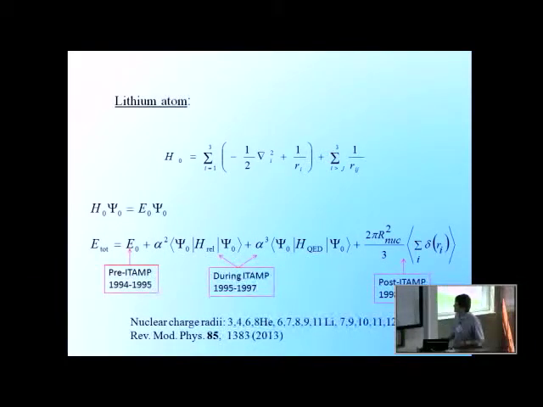Once you got this, you can include relativistic and QED corrections perturbatively. So it's extremely important to get psi as precise as possible. During my 2 years tenure at ITAMP, one of my projects was to derive, or do some reduction of these operators. Extremely time consuming. I spent almost 2 years and finished that.